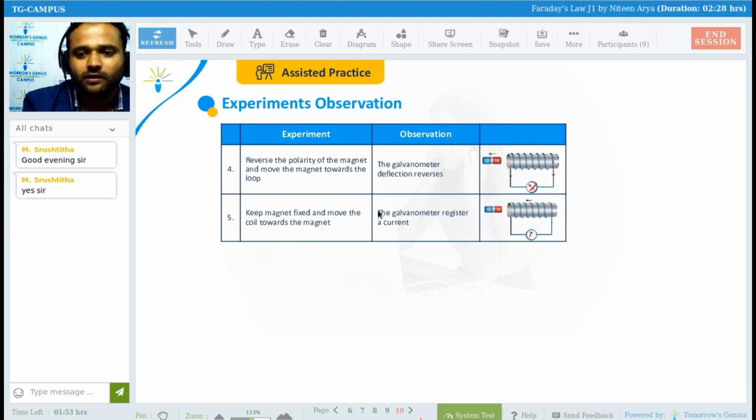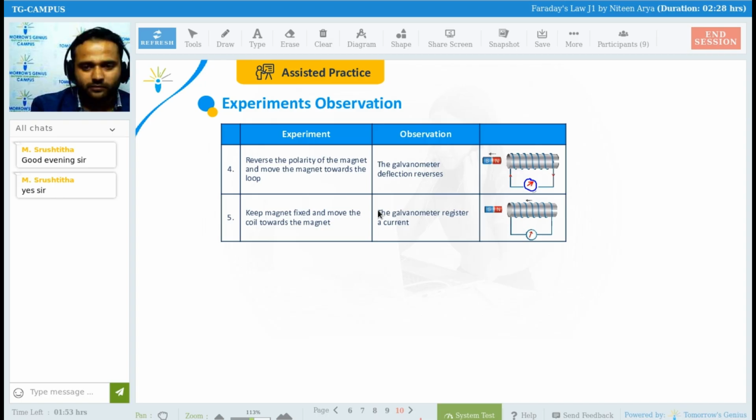Okay, just a minute. I need to erase this and redraw it. In this galvanometer, I can see the deflection in this way, because it is going to be reversed from the previous page. What is the meaning of saying that?